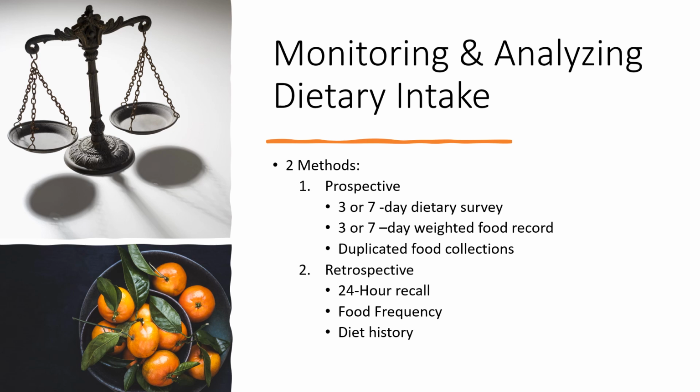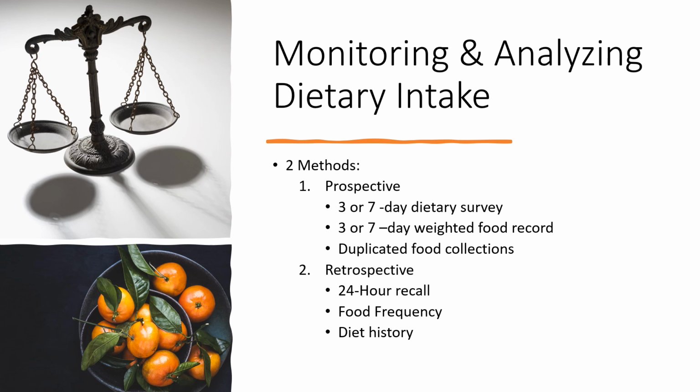The next is a 3 or 7 day weighted food record, and this is similar to a dietary survey. However, during this process, we also record the weight of all food consumed. So we would record the weight of, say, your bag of grapes, your container of carrots, your chicken burger, all of those different things we would actually weigh and record, as well as the types.